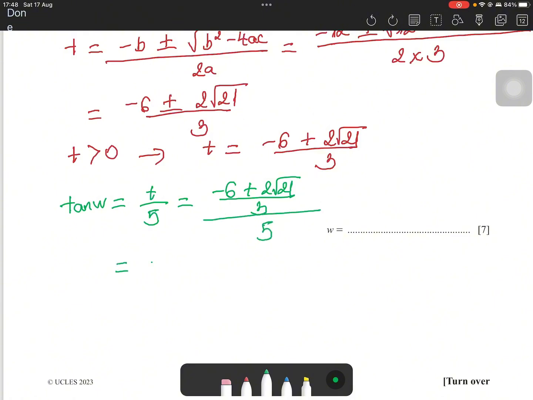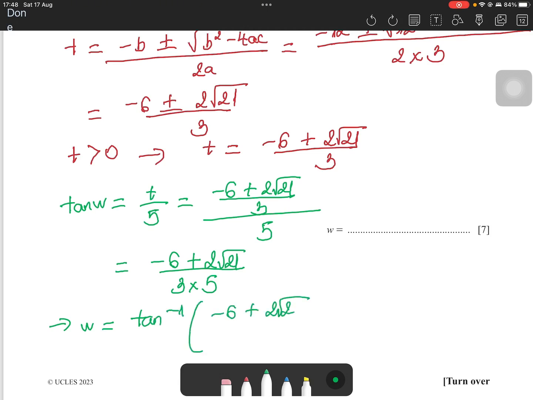So this one is equal to negative 6 plus 2 root 21 over 3 times 5. So to find the value of W, we use the inverse of tan of this, negative 6 plus 2 root 21 over 15. So the answer for this is 11.9 degrees.